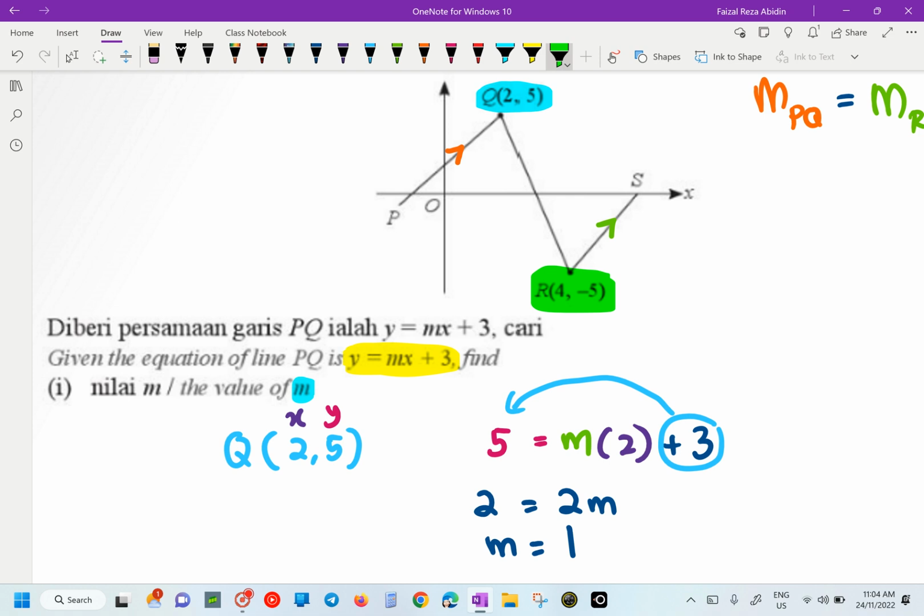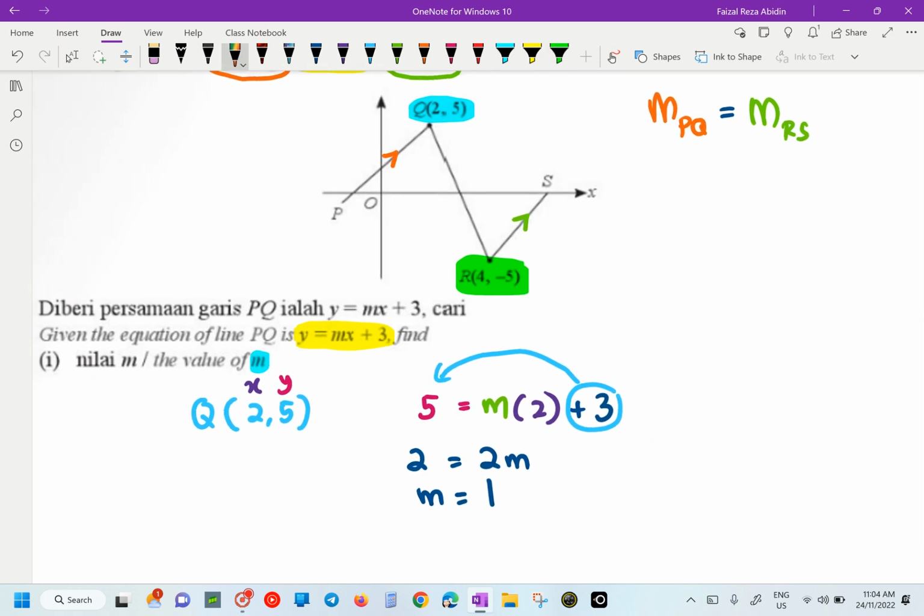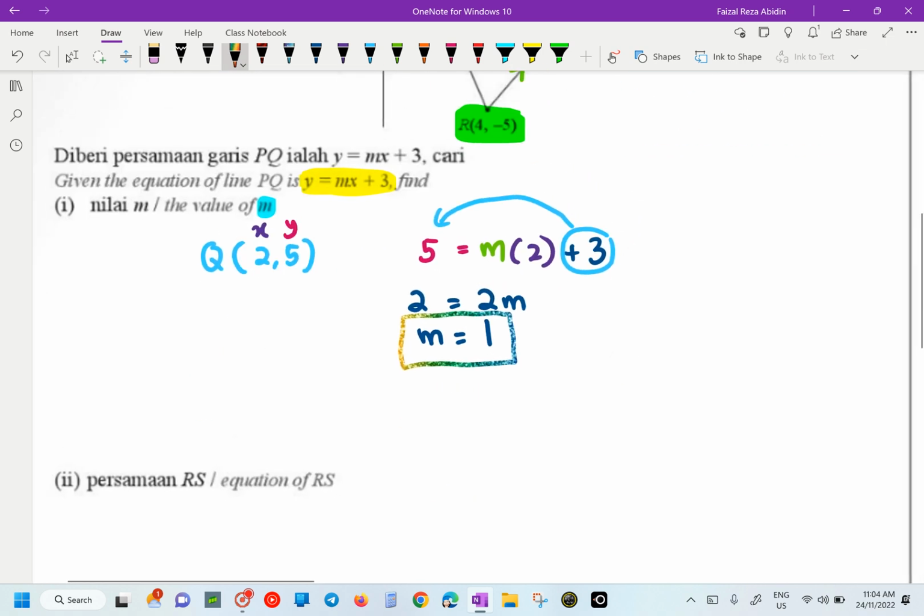It's parallel to RS, so just now you stated that the gradient of PQ equals the gradient of RS. That means you already have the gradient of RS, which equals 1. Now I'm going to copy here: R is (4, -5) with the gradient 1.